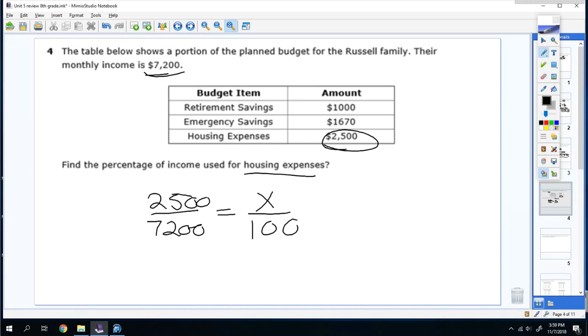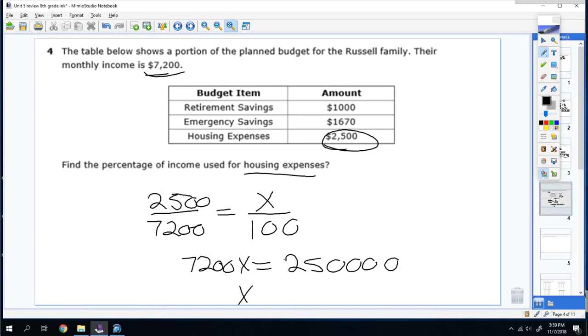So you would have x times 7,200 is 7,200x. And then 2,500 times 100 is 250,000. I believe, if I could write this down. Yep, 250,000. So you're going to take 250,000 and divide it by 7,200.